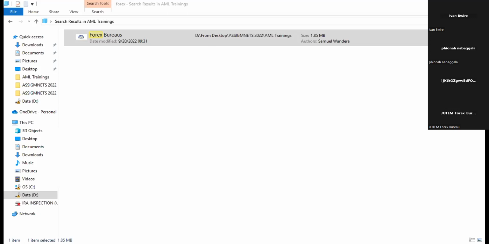And for a company, in case they fail, for example, Forex Bureau A has not submitted a suspicious transaction report or has committed any of those offenses arising out of the obligations, it attracts a fine of 1,400,000 shillings. And for any continued offense, for any day that it continues, there's an additional fine of 100 million.